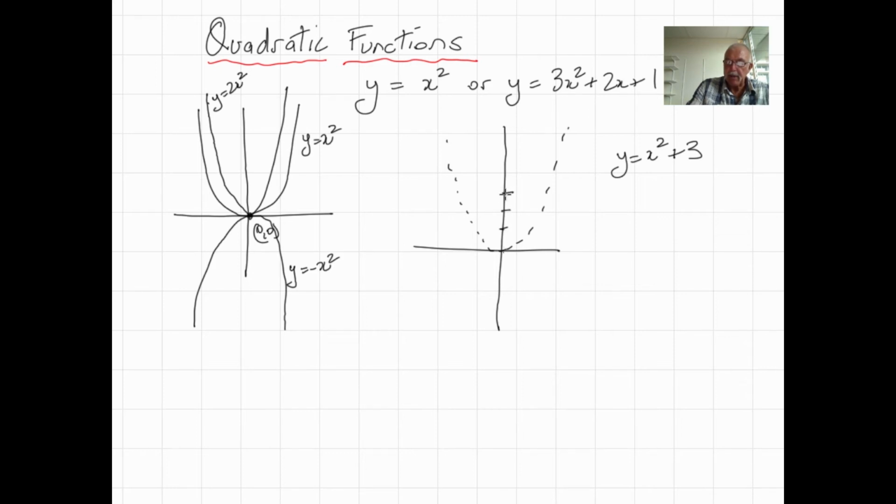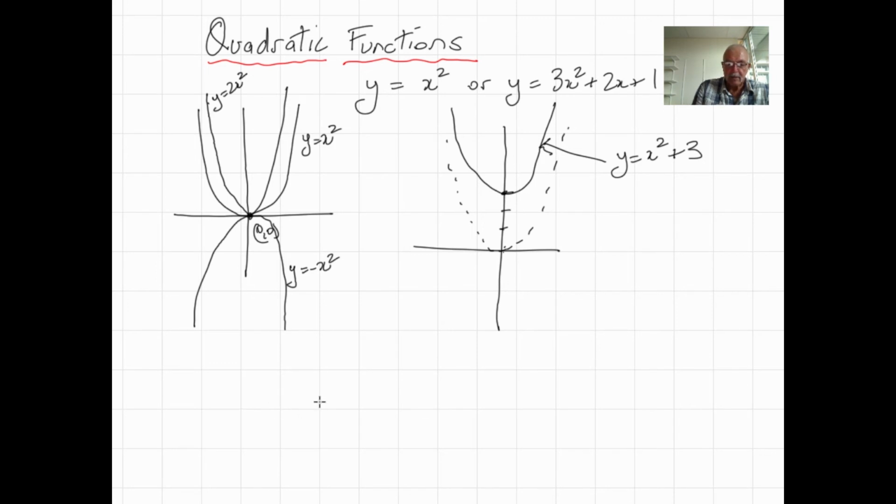So this point here now becomes up there. So we get the graph moving up the page 3 units. Now we get vertical movement, so if it's -3 it would move it down to here and we would still have the same orientation as opening towards the top. That's vertical shift, vertical movement.